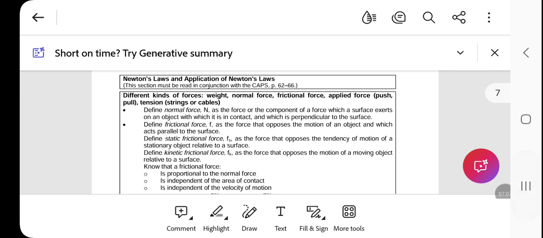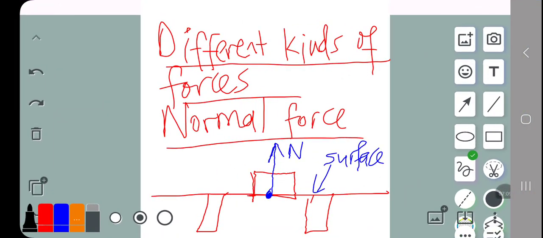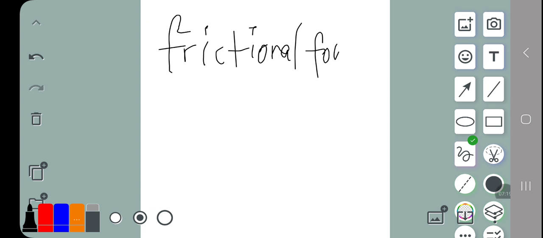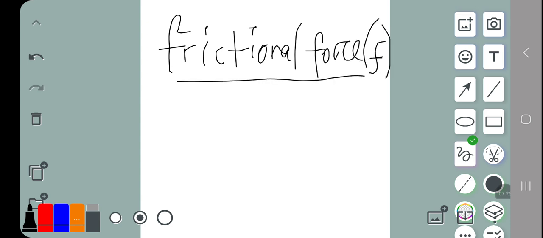Let's give an example. Let's say now we go to number 2. We're talking about frictional force, and that frictional force is written as a small letter f, like this.